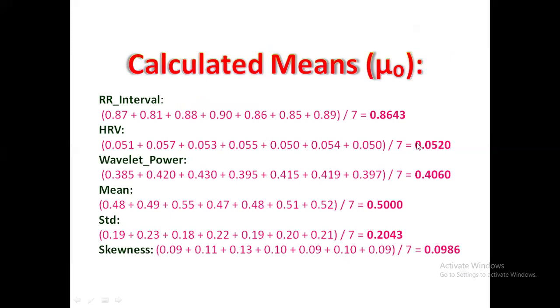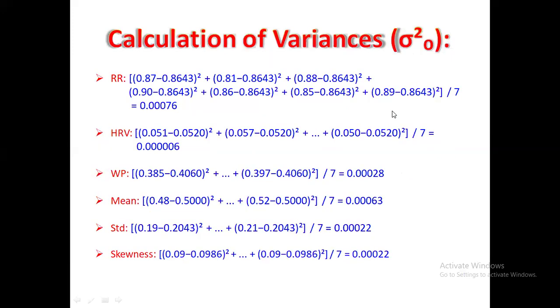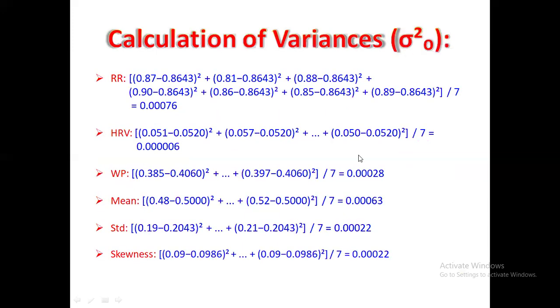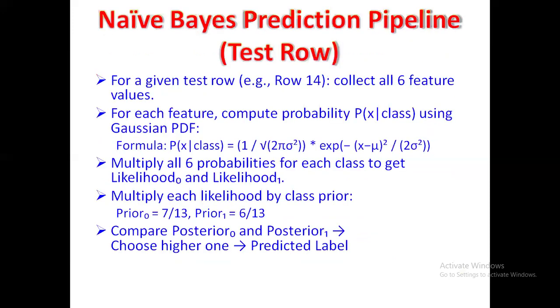The first is 8.87 minus 0.8643, and similarly you sum up all the values: 0.81 minus this value, plus 0.88 minus this value, each squared, divided by 7. This is the variance value. The previous one was the sum divided by the total number of values. Similarly, for HRV, WP, mean, standard deviation and skewness, we find the variance.